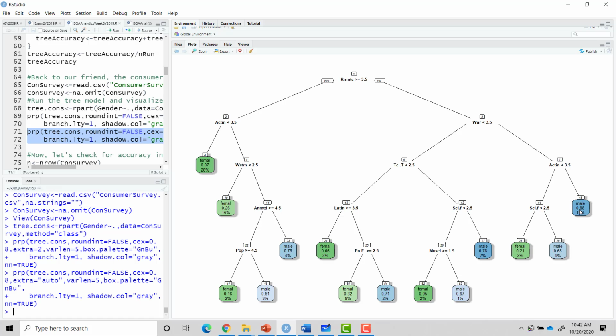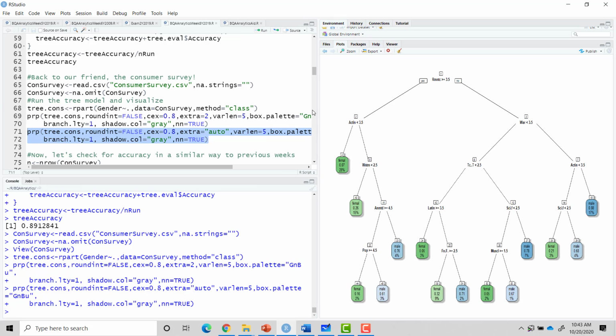So here, this node has males. 88% of the people at this node are males, and this contains 17% of the data set. And again, this one we did before. Here, at this node, we classified as females, and 7% are males, and this contains 28% of the data.